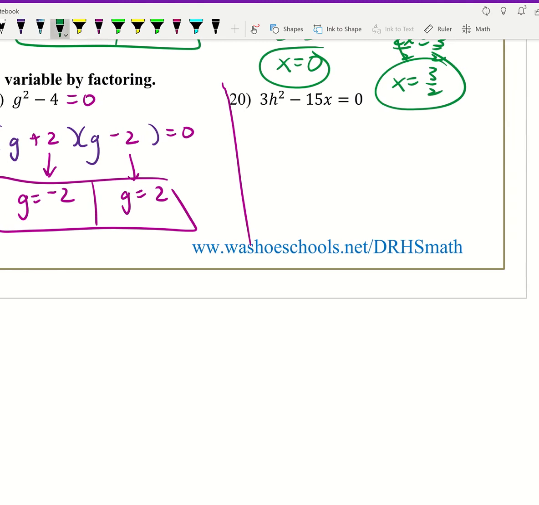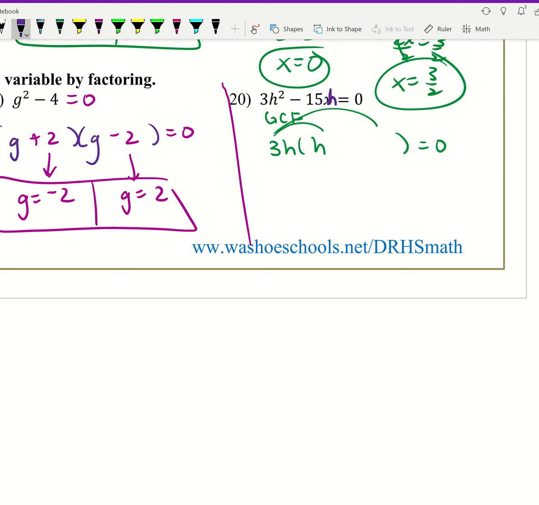And number 20, this one's a GCF. The factors that these have in common, they both have 3 as a factor and H. Notice this is a GCF, you only have one set of parentheses. 3H times H would give you 3H squared. And 3H times, oh boy, we got a couple problems here. This is negative 15H.